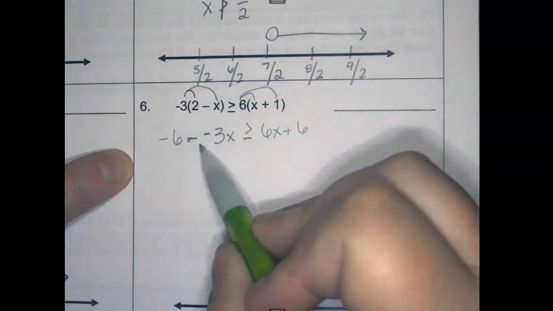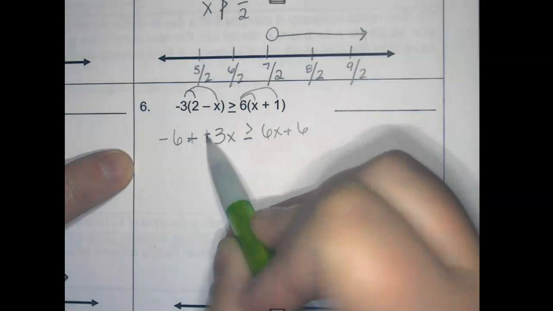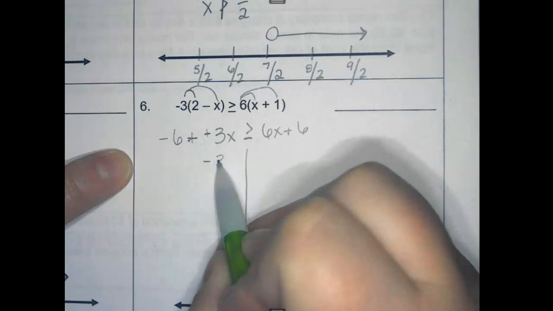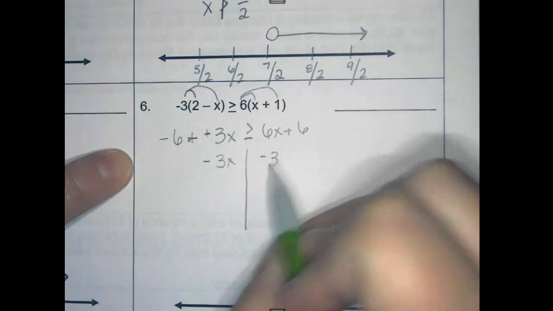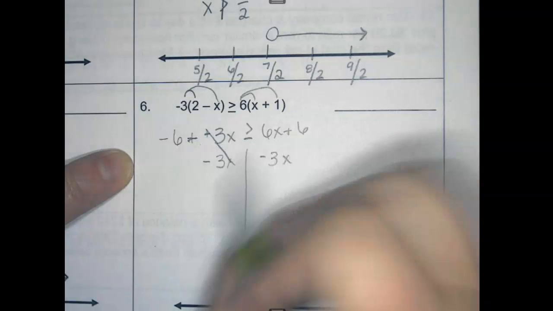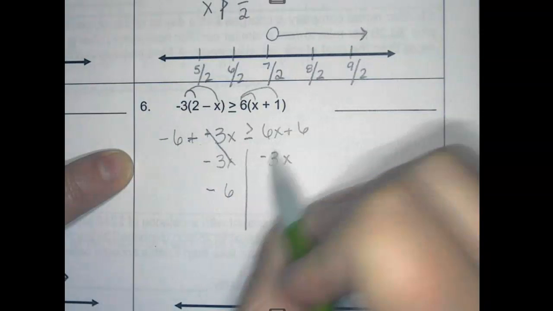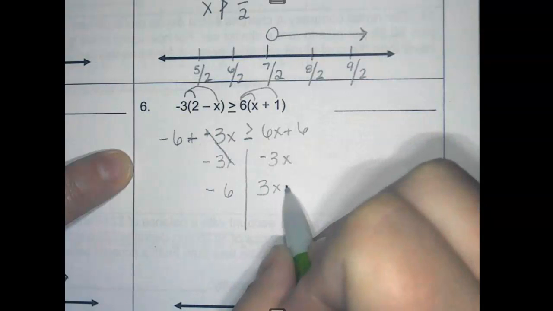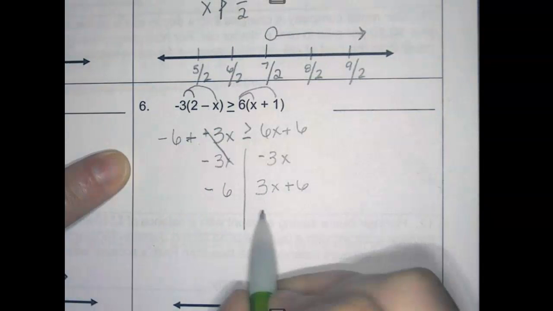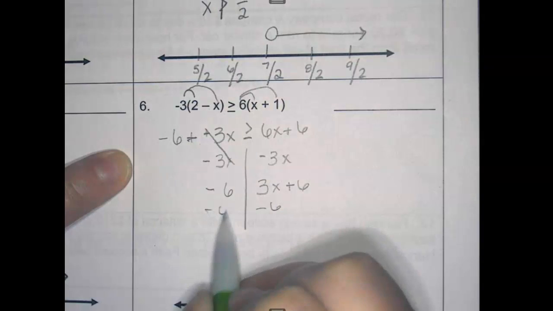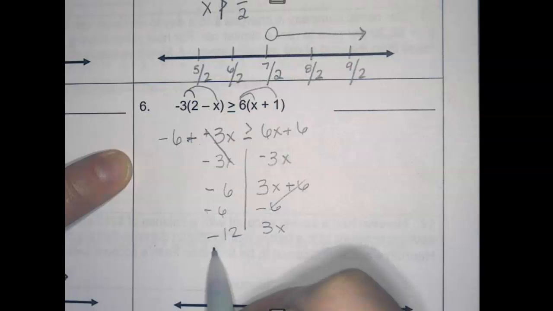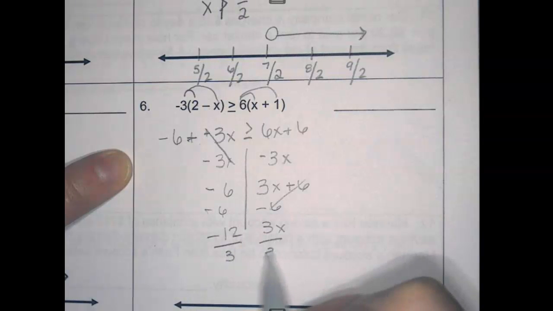Anytime I see subtract and a negative, we should add a line, change of sign. I'm going to subtract 3x. You can subtract the 6x if you want. It's going to work either way. Then I'm going to subtract 6 from both sides. Divide by 3.